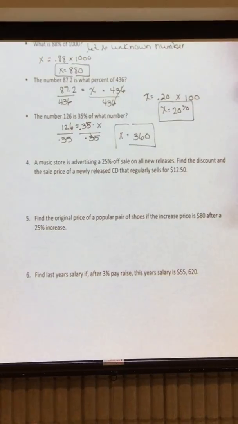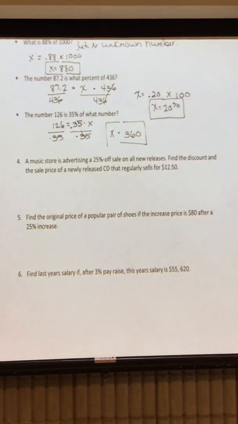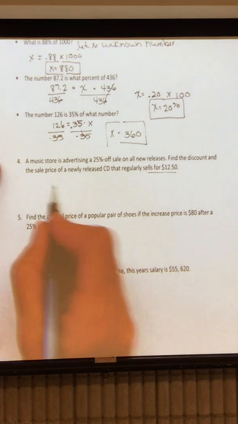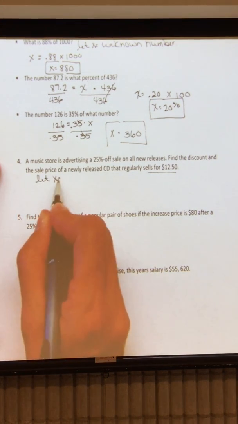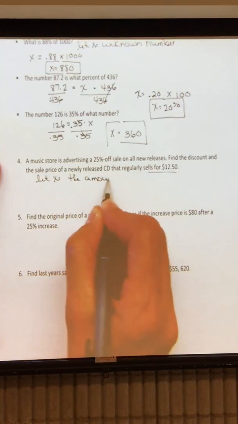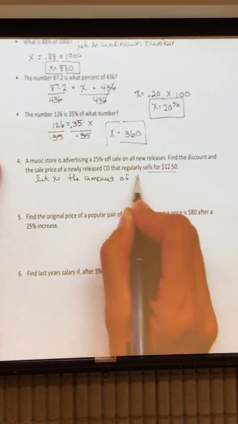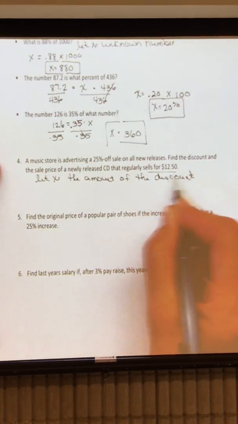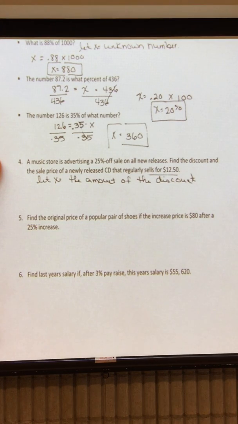Number 4, a music store is advertising 25% off sale on new releases. Find the discount and the sale price of a newly released CD that regularly sells for $12.50. So let's define our variable. Let x equal the amount of the discount.